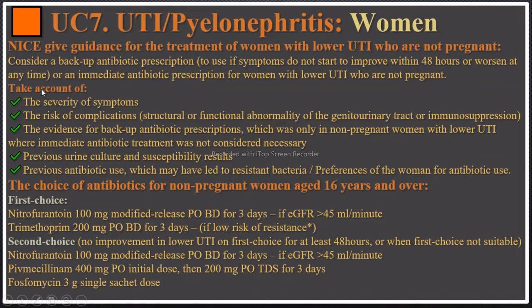Okay, so take account of the severity of symptoms, risk of complication. Check whether the patient has a structural abnormality in the urinary tract, for example, kidney problem, ureter problem. I'm talking about structural, anatomical, or functional abnormality. It means the patient has impairment.